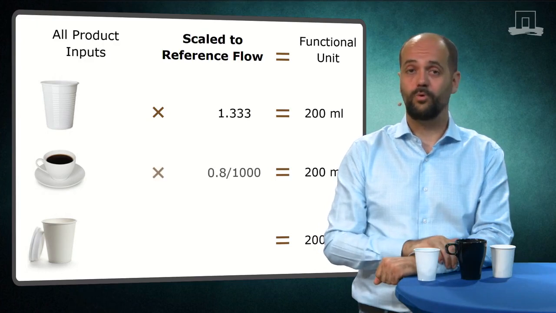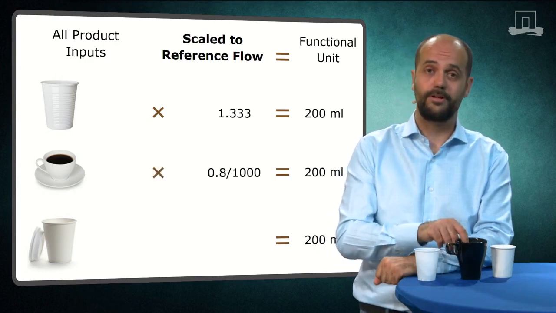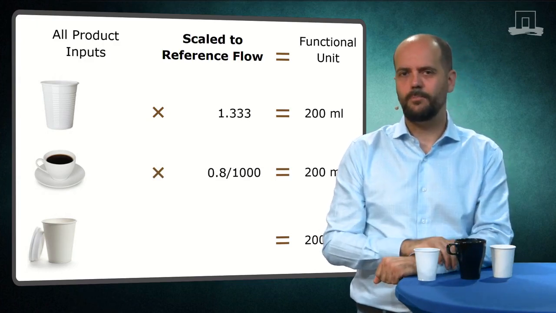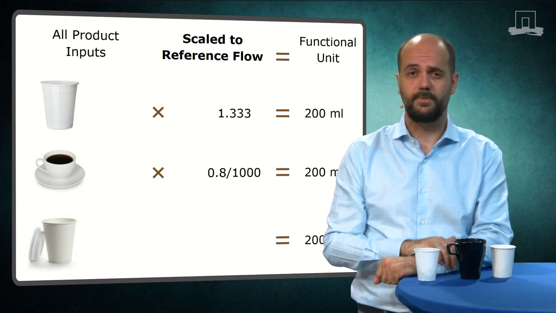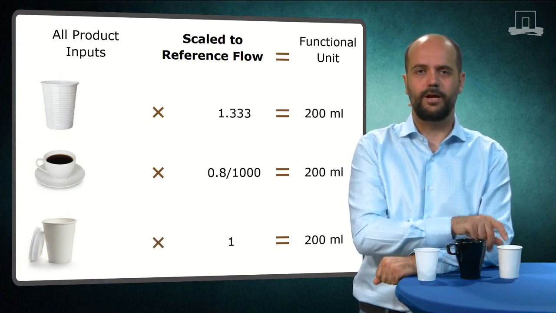We multiply by 0.8 to go from 250 mL to 200 mL for our ceramic cup. But don't forget, the ceramic cup will be used 1,000 times. So we also need to divide by 1,000, or in other words, multiply all inputs by 0.0008. Finally, the disposable paper cup is multiplied by 1.